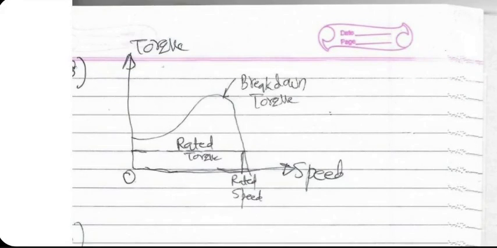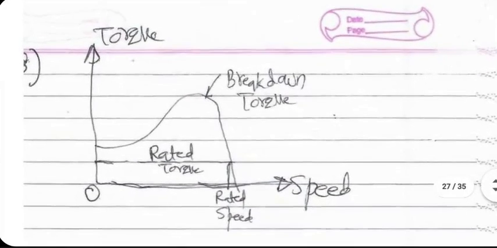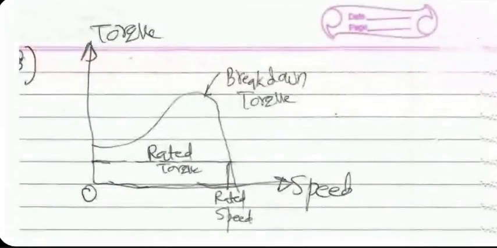Torque versus speed: I'll prove it later mathematically, but take it from me right now. There is always an optimum value of speed for which the torque produced by the induction motor will be maximum. But it is safer not to push the motor to that value because you are very close to the point where the motor might break down.